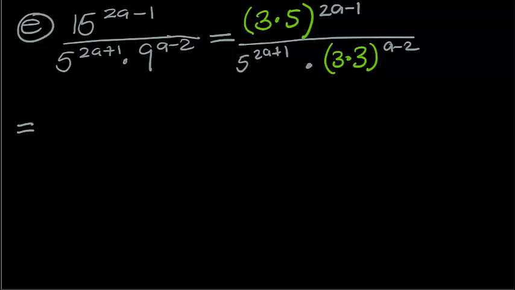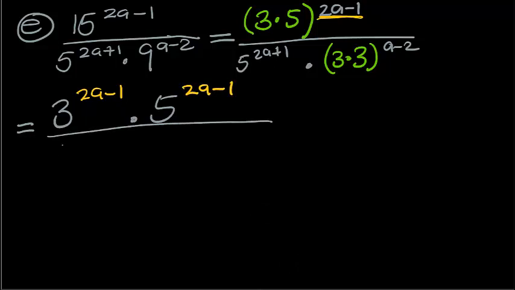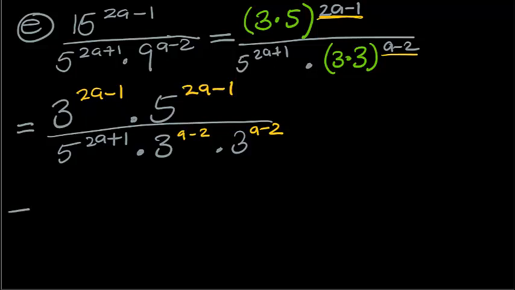So on the top we have 3, and we're going to give 3 the exponent of 2a minus 1, multiplied by 5, and 5 going to have the exponent 2a minus 1, over 5 to the 2a plus 1, multiplied by 3, going to give it the exponent a minus 2, multiplied by 3 with the exponent a minus 2. Now I've got same bases, so I am going to work that out.